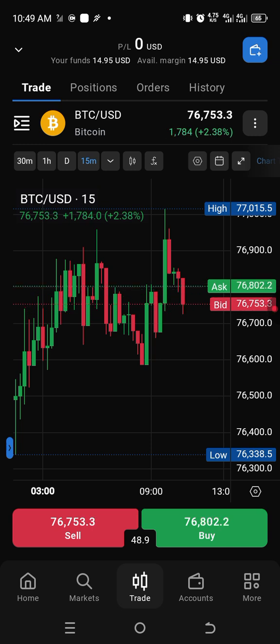Right, so if you use this strategy on M1, you will get a lot of structures. If you check my former video, I got at once a spinning top, a hammer, and a doji at the same time. So you can get confused. You're like, what should I do? It's better on M15 going up, or even M5 is a bit better.